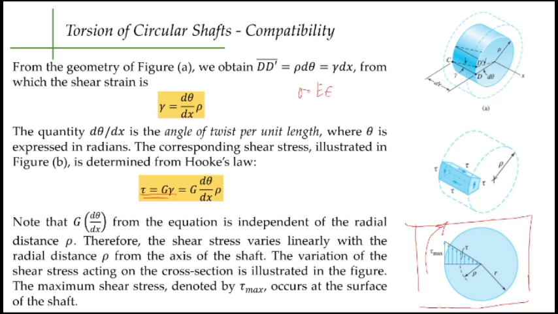Now, if you can notice, the distribution of shear stress varies linearly. At the middle part, there is no shear stress. But as you go towards the end of the surface of your material, shear stress increases.